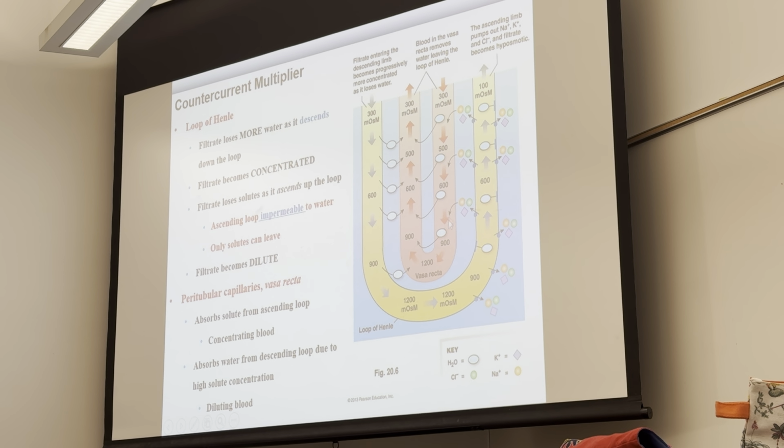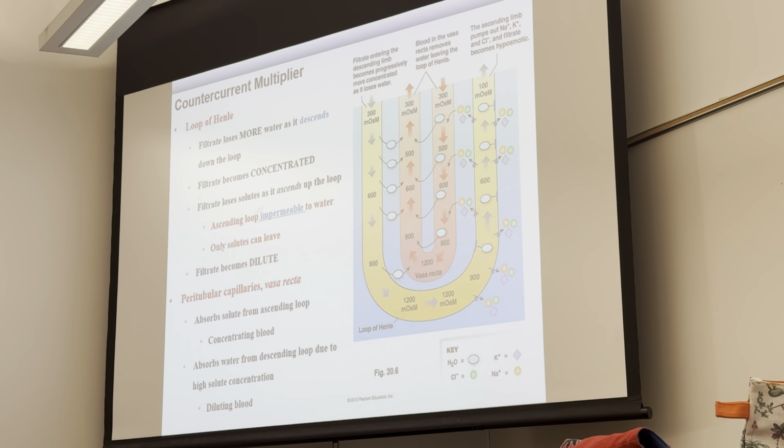And as the vasa recta brings in the blood, as you can see, the osmolarity of the blood varies, right? Since they go in different directions, the filtrate goes this way and the blood flows the other way, there's always going to be a point where the osmolarity here is lower than the osmolarity here, and the water will go towards the vasa recta.